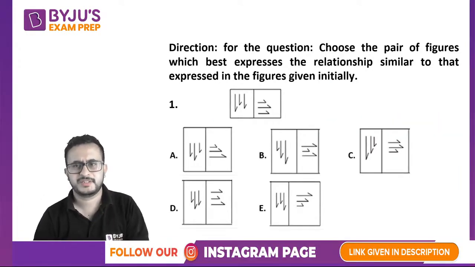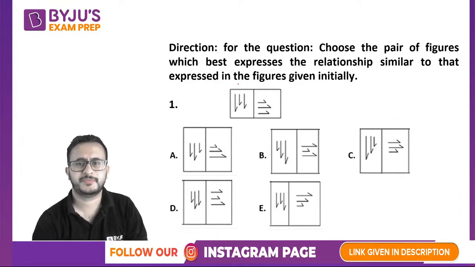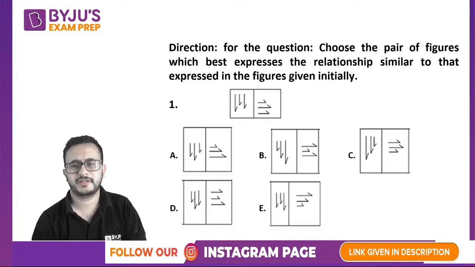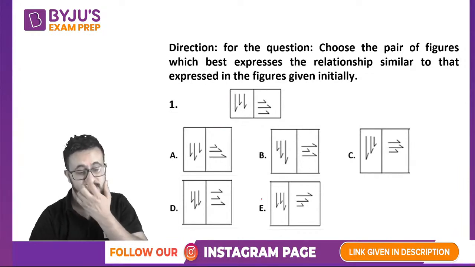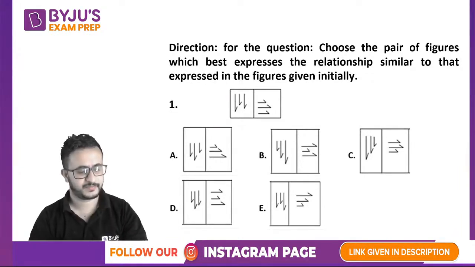So here's the first question. You have to choose the pair of figures which express the relationship similar to that expressed in the figure given initially. Okay, so this is a figure given, and we have to find which figure shows the right expression.